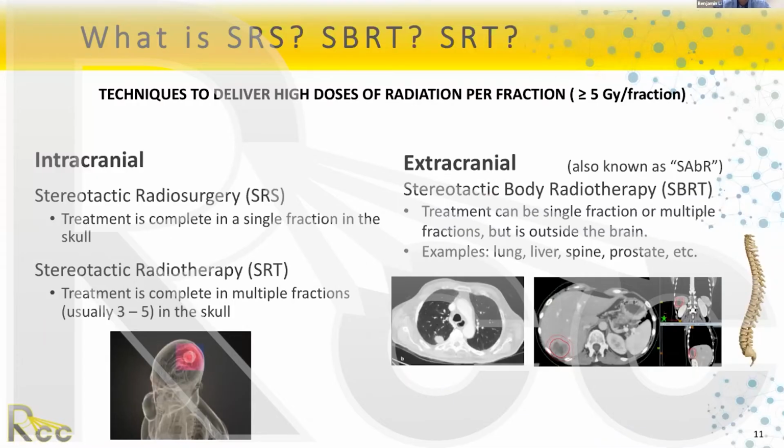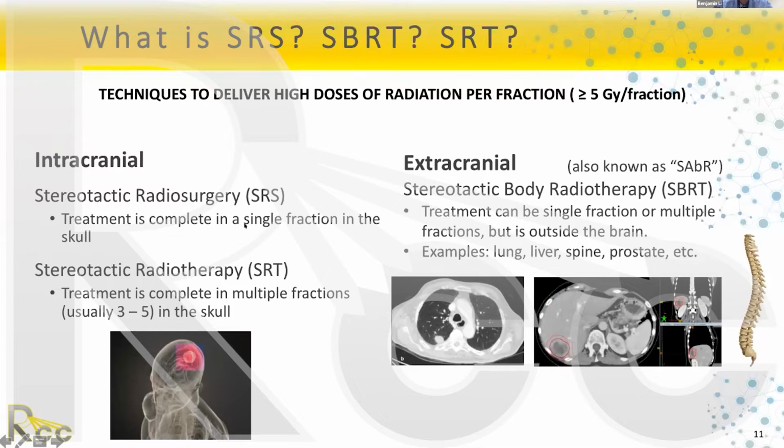So to begin, what is SRS and SBRT or SRT and these other acronyms that we see? These are all techniques to deliver high doses of radiation per fraction. Conventionally, we usually think of giving radiation in 2 gray per fraction or 1.8 gray per fraction, but with these techniques, we can deliver doses of 5 gray per fraction or more.